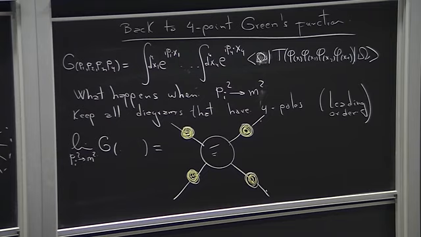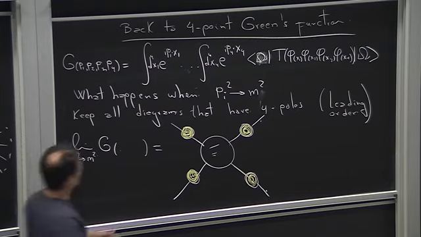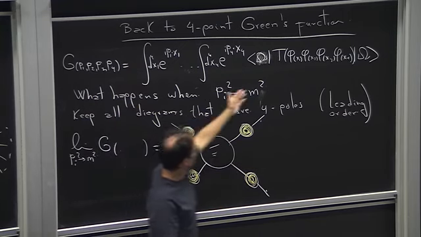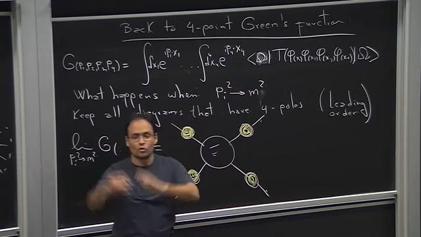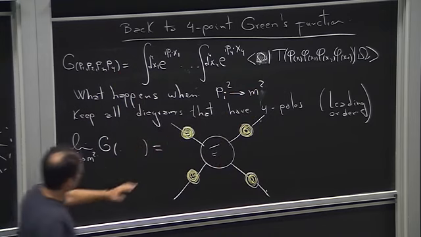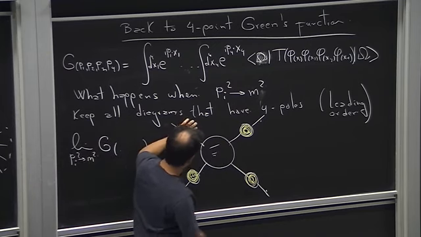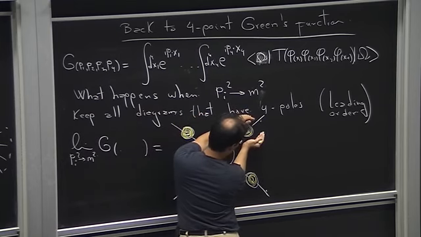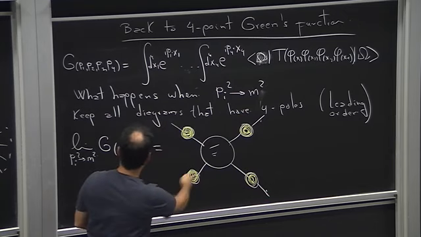Let me actually denote it by this. So this means this object. Today you found that there were diagrams that contain 4 of those guys, but it's clear that in the expansion of this Green's function, we're going to keep expanding and drawing diagrams. And then we can imagine that we collect all diagrams that contain the sum of everything that produces a full propagator on this side, the sum of everything that produces a full propagator on this side, and so on. So there are diagrams that do that.